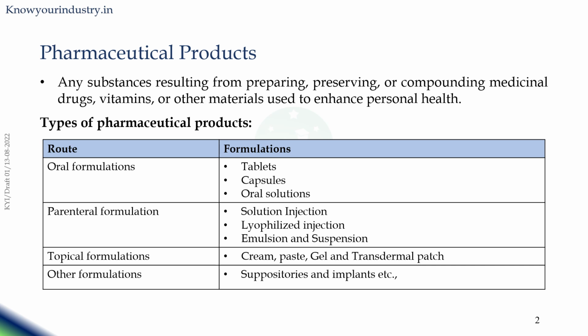In oral we know tablets, capsules and oral solutions, and in terms of parenterals we have solution injections, lyophilized injections, emulsions and suspensions. We'll go into detail in the coming modules for each formulation, on what factors are going to affect them or need to be controlled.